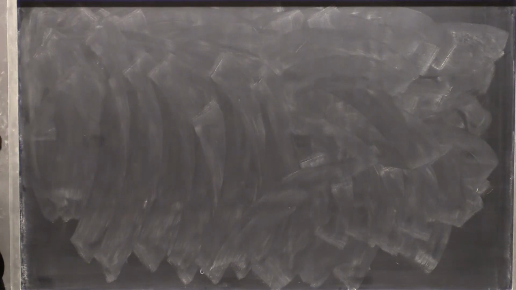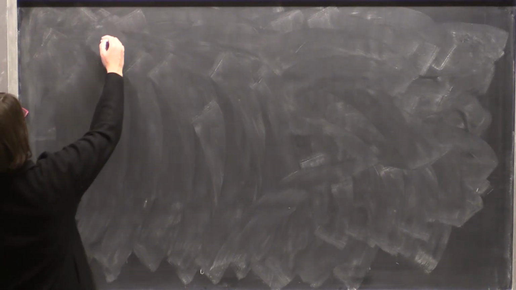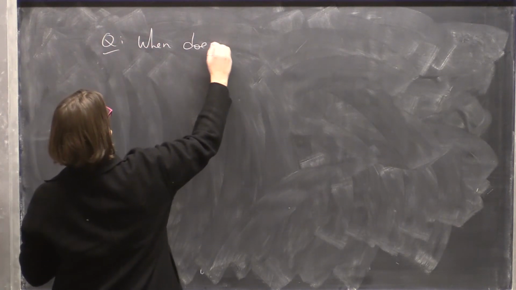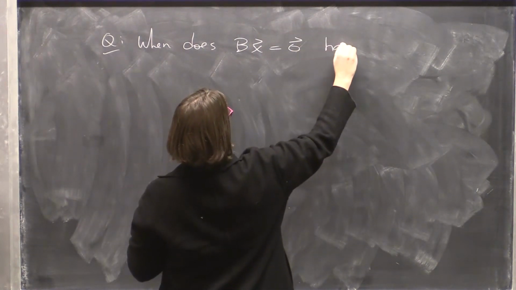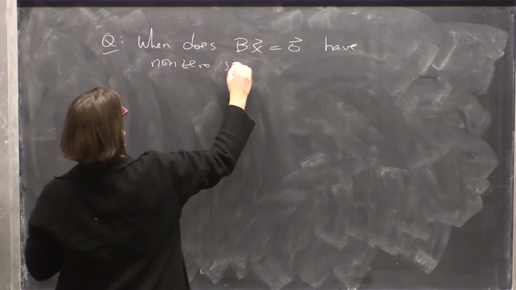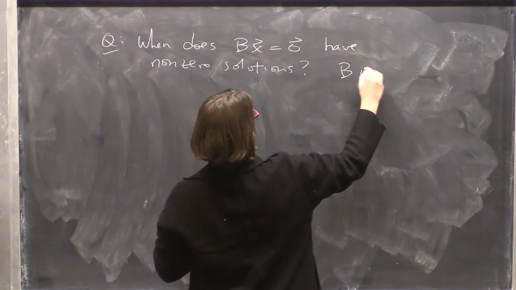So here, the question is: when does Bx equals 0 have non-zero solutions? B is square.